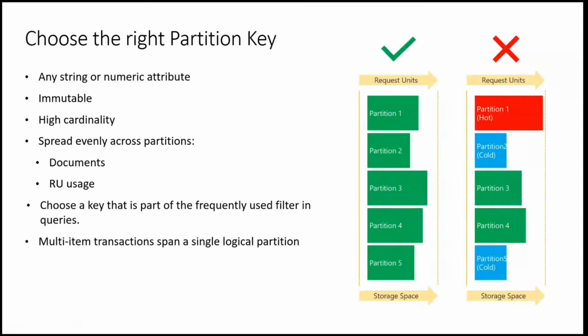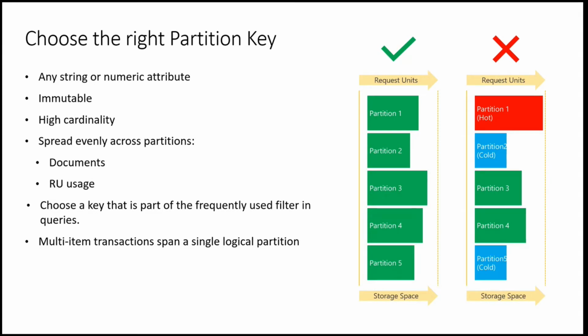So, like I said, I wouldn't go into too much detail about each of these things, but wanted to just talk about the partition key, because this is one of the very important points. Choosing the right partition key, again, this is an immutable property. So you need to plan and choose it correctly for your workload. It can be any string or numeric attribute.